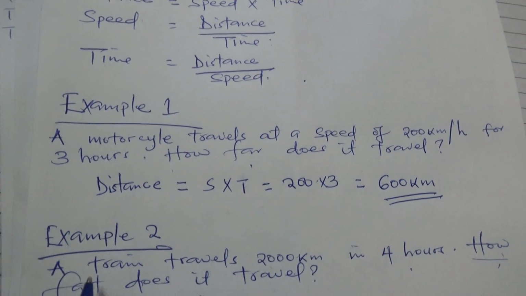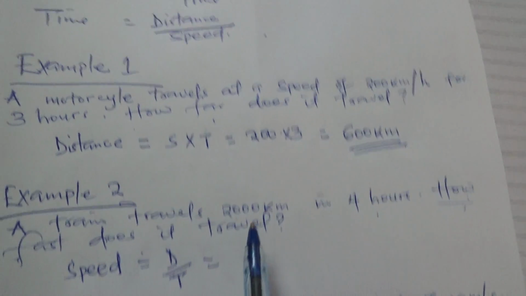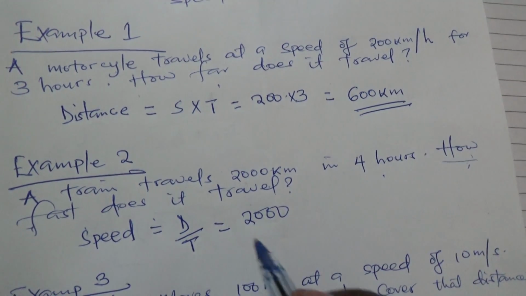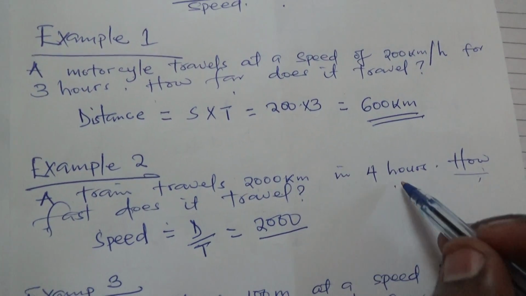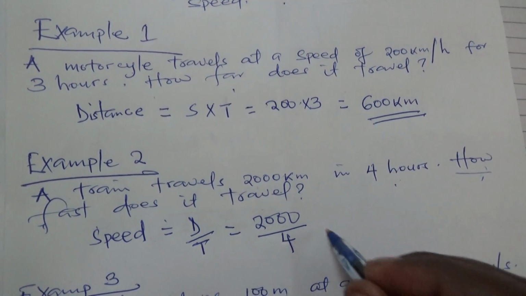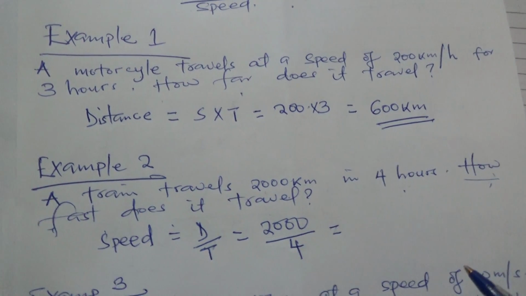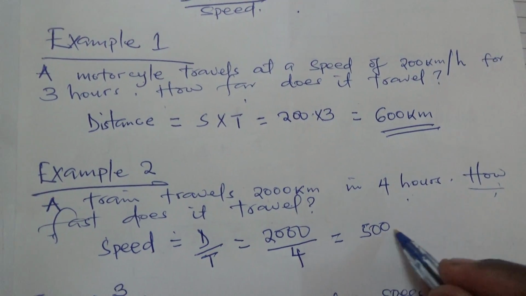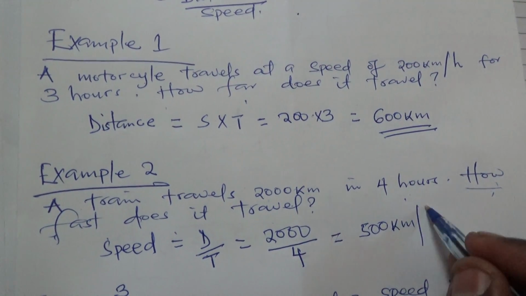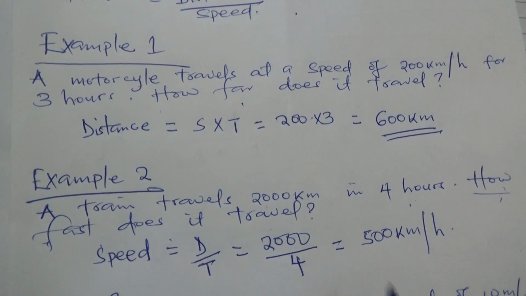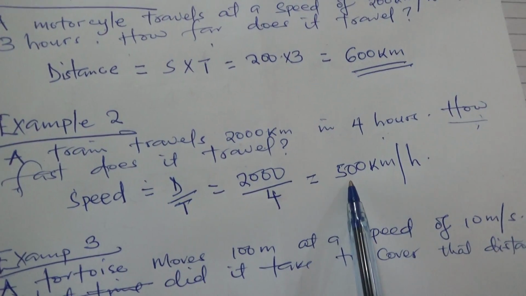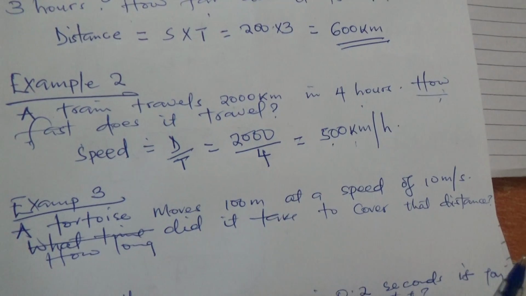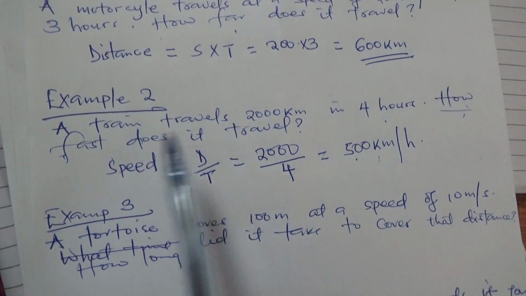And here, the distance, a train travels 2,000 kilometers. You divide by time in hours, which is 4. And then you get the speed to be 500 kilometers an hour, which means in 1 hour it covers a total distance of 500 kilometers. All right, so that is how you calculate that.